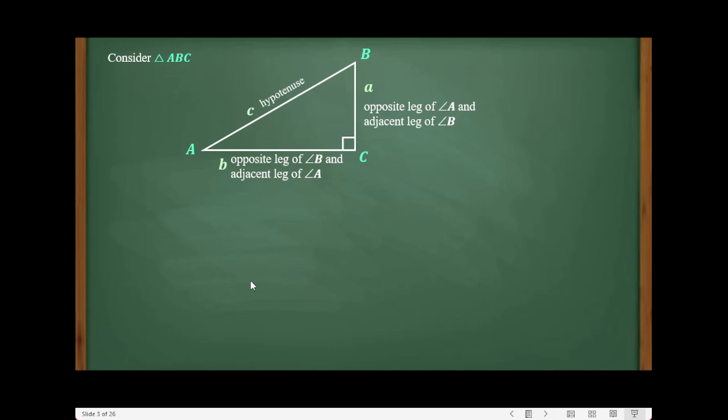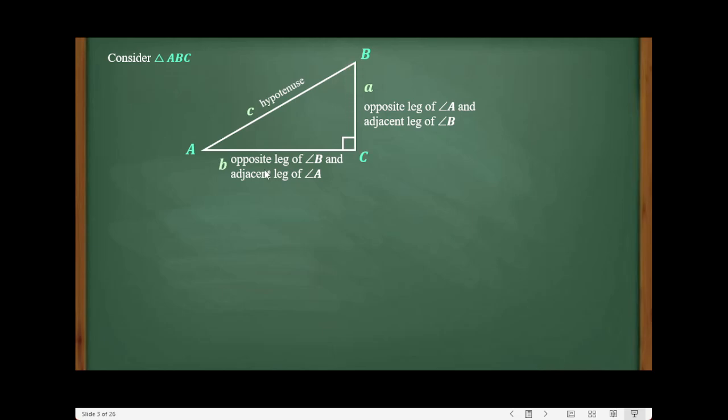For our next slide presentation, let us consider the right triangle ABC. And in this figure, let us again recall those sides. We know that the longest side, denoted by small letter c, is the hypotenuse, and the other two sides are those sides that form a right angle, and we know that these are the legs.